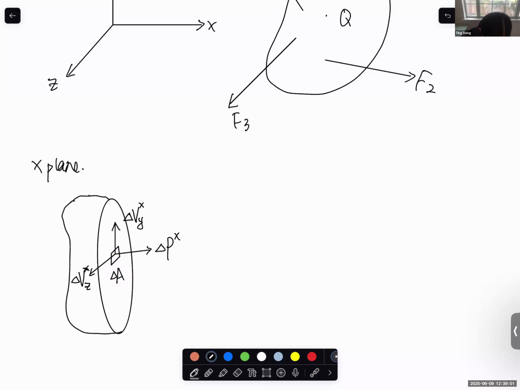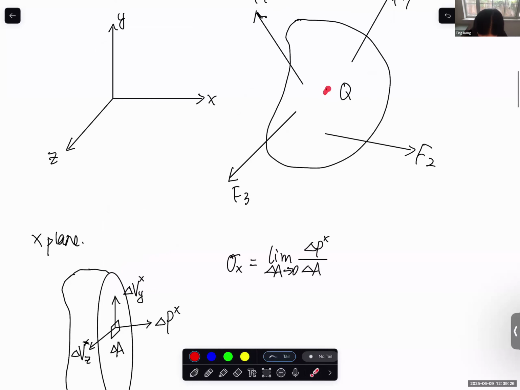So mathematically, we can write sigma x, which is normal stress, equal to delta Px, the force applied on this small area, divided by the area delta A, and we take the limit as delta A approaches 0. It converges to the point Q and becomes the normal stress at point Q on the x plane.